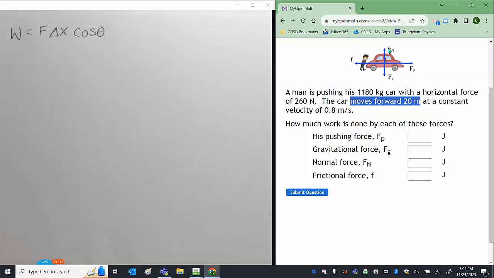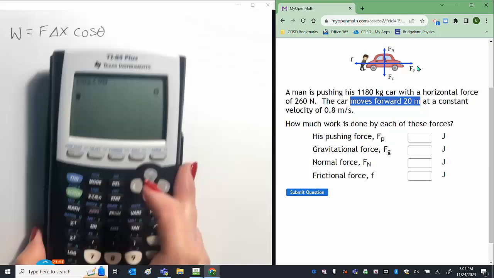And so again, if you take that normal force, it's at 90 degrees from the direction of the applied force, that pushing force right here. Okay, and so if you do that, and let's get us in degree mode. Okay, cosine of 90 is 0.